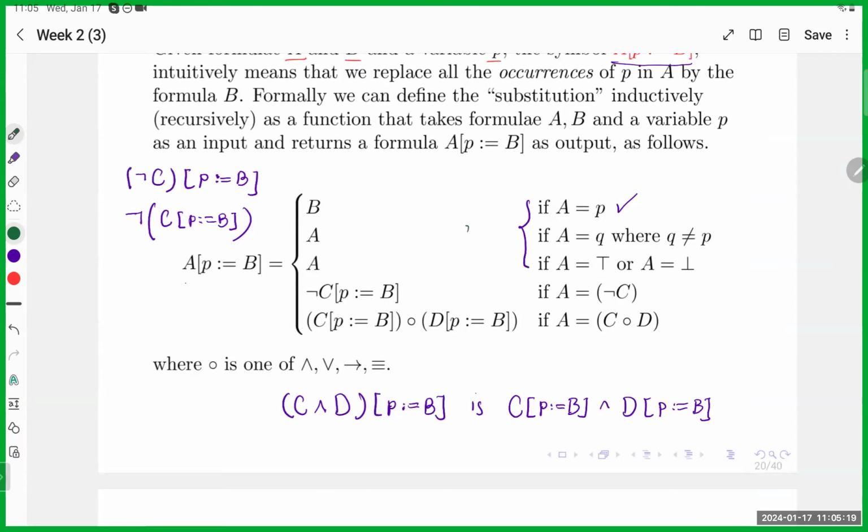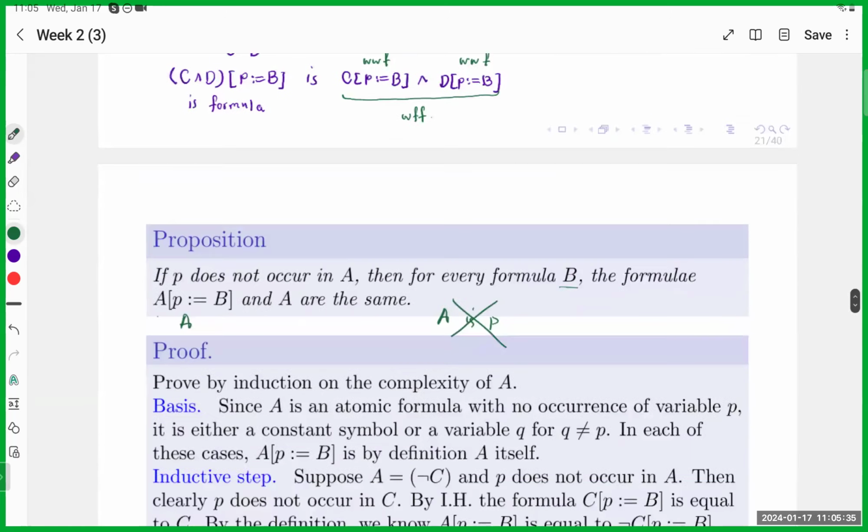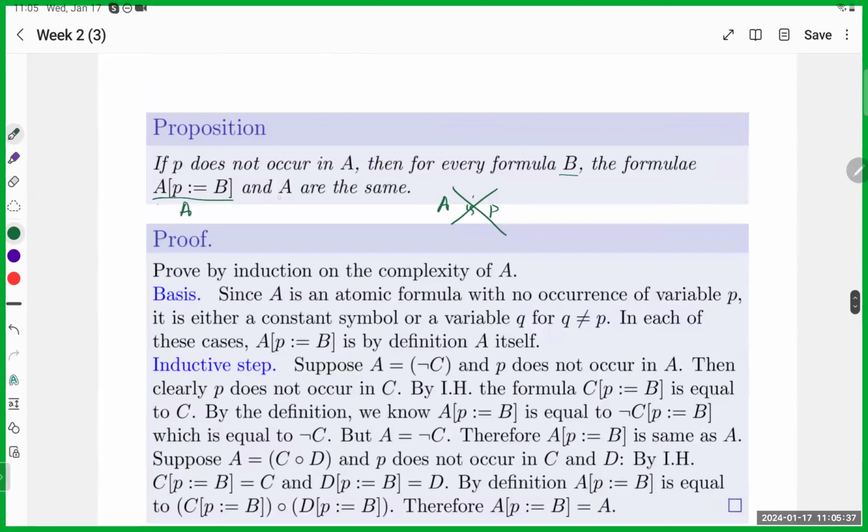Let me write this atomic here. We're left with two steps. In both cases, the substitution is the formula A itself. And this is what we are proving, that the substitution is A itself. Yes?